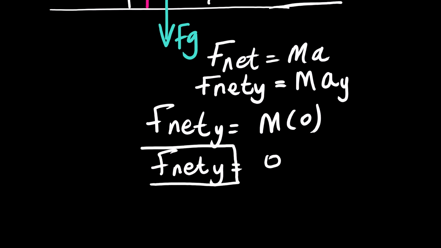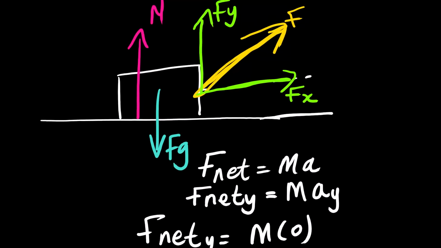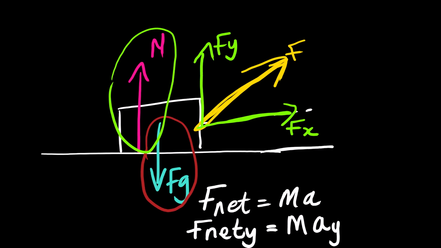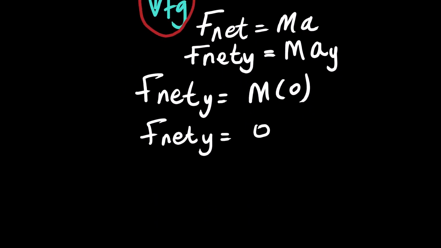Now for F net y, we look at all the forces which are vertically orientated. So in this case, the first force is gravitational force, which is downwards. The second one is our normal force, which is upward. And the third one is our Fy. We can't take Fx because it's parallel to the displacement, so it's not vertically orientated. We all know that F net means the sum.